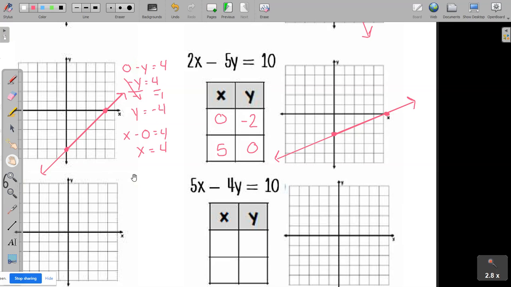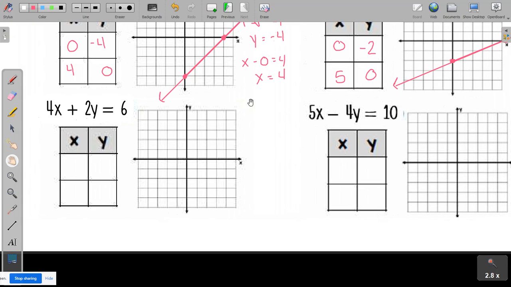Okay, let's look at the next one. If you plug in 0 in for x, you get 3. And if you plug in 0 in for y, you get 1.5. So graph your points. Draw your line.